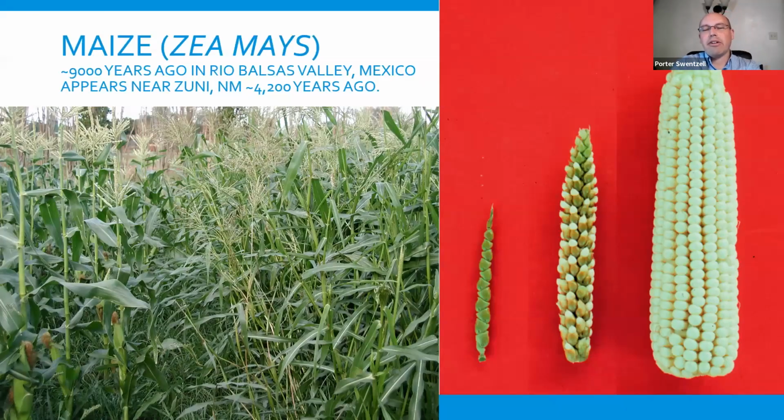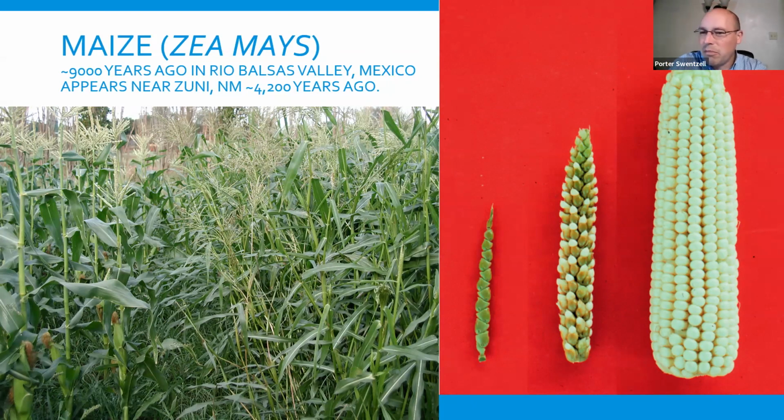But when we look at agriculture, there's a couple ways to think about it, and I always like to point at the archaeological side of things, which is this very long history of domestication that stretches back many millennia and is largely centered in the central part of Mexico, in the area around the Rio Balsas Valley, as it's known today.